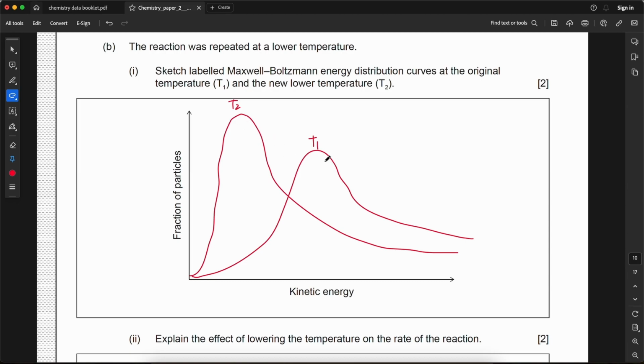Higher temperature is always slightly to the right, as more particles have more kinetic energy. So this one has higher temperature.